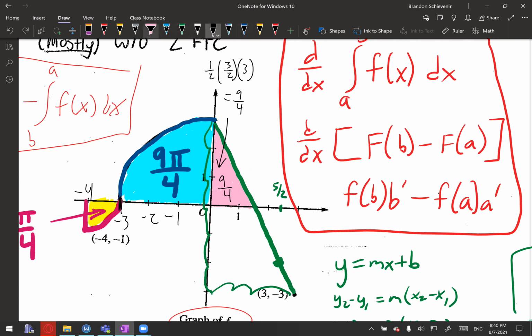Okay, then I've also got another triangle here in green. What would my formula for the area of this triangle be? Okay, so I've got a side length of 1 here.